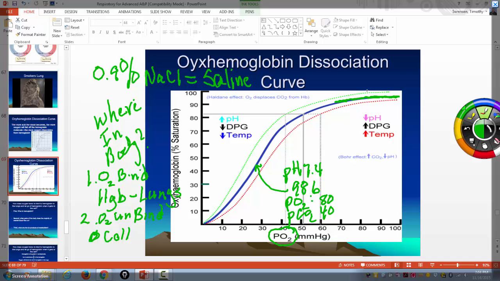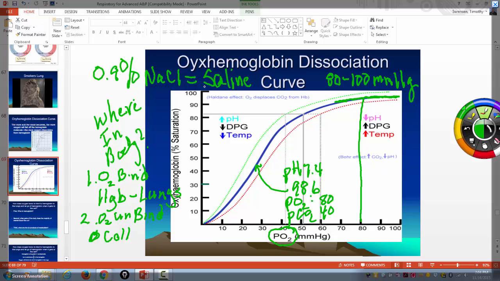But this is important. If you look, the normal PO2 of the atmosphere is between 80 and 100 millimeters of mercury. And again, PO2 and PCO2 are measured in millimeters of mercury because they're measured as a pressure. So between a PO2 of 80 and a PO2 of 100, what should be the saturation of red blood cells in the lungs?